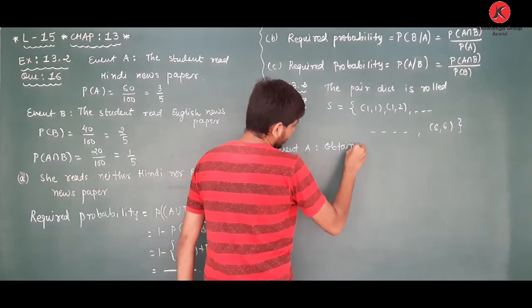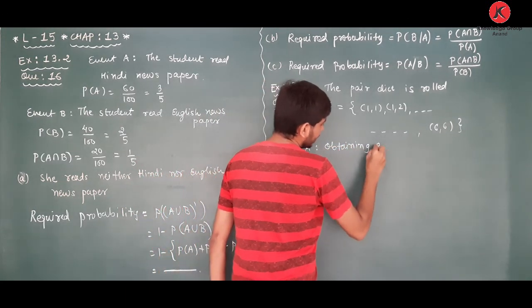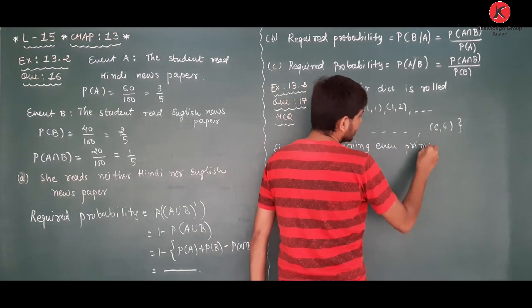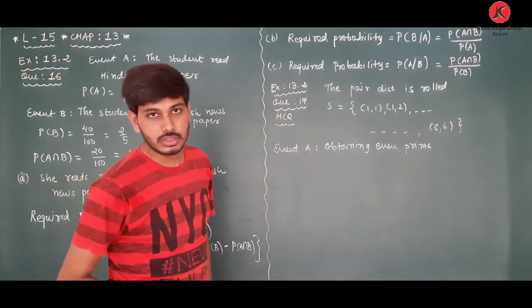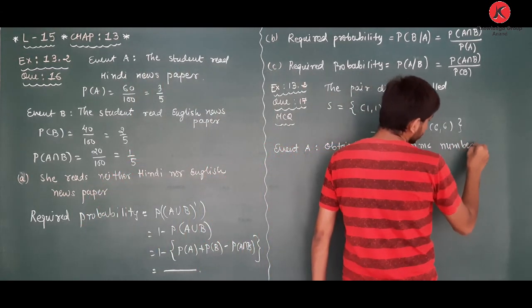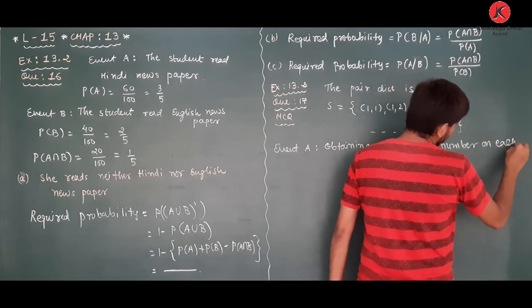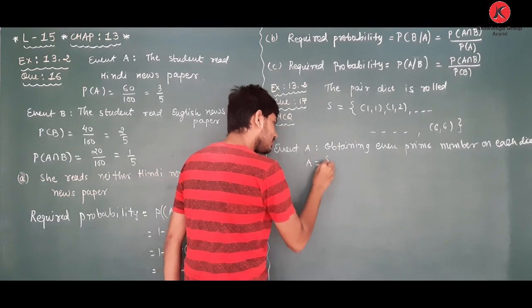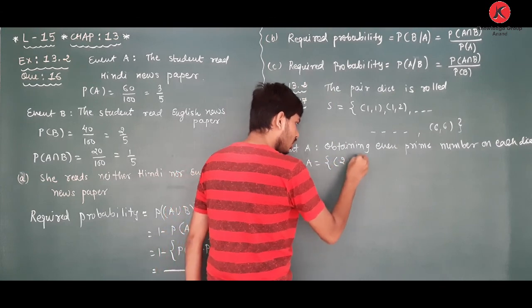Obtaining an even prime number: only one is there, only 2. There is only one even prime number, which is 2. The even prime number on each dice. Okay, therefore the favorable outcome is 2 2 only.